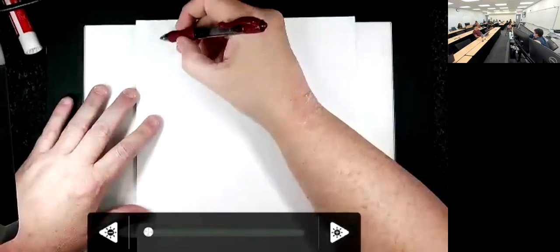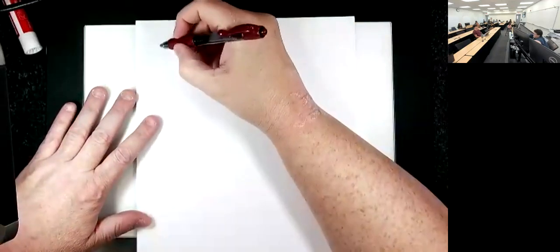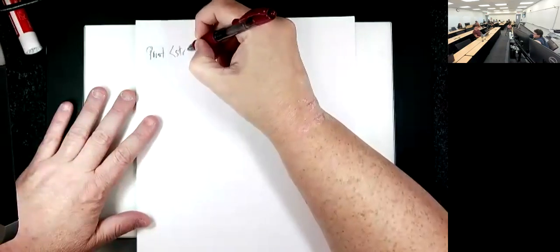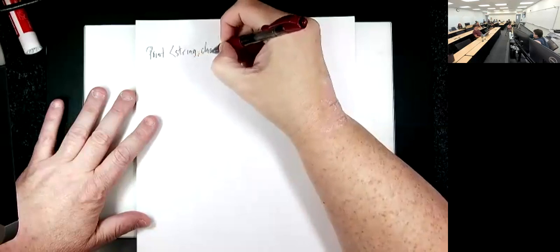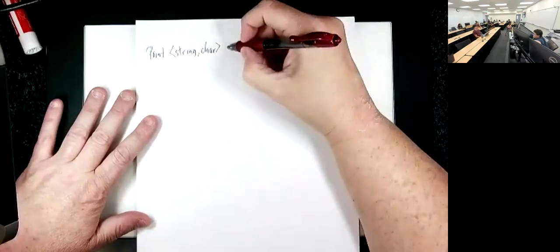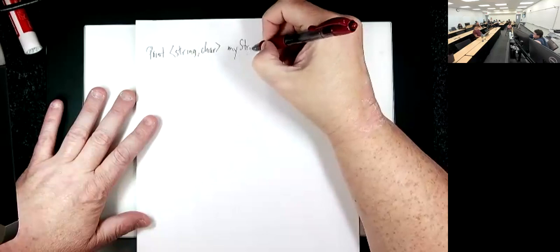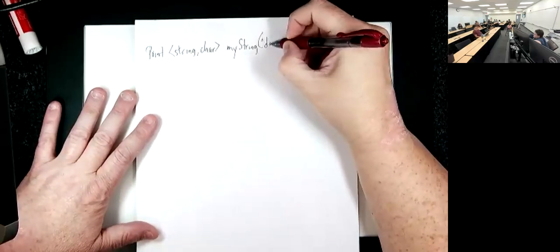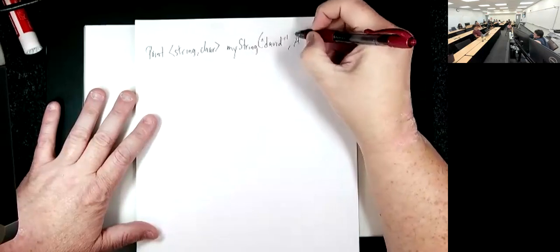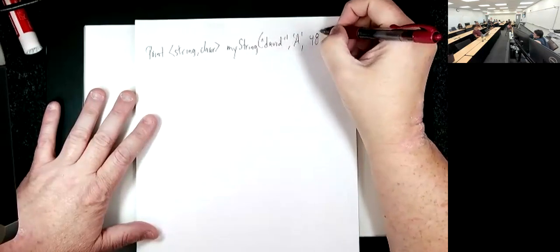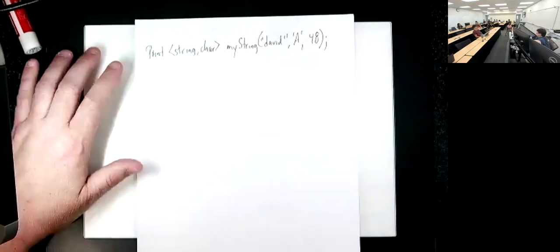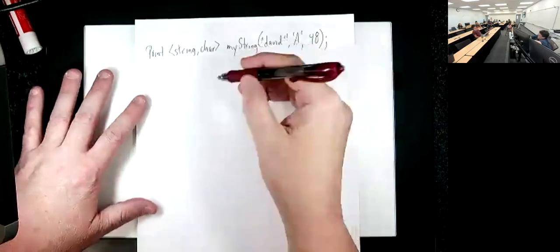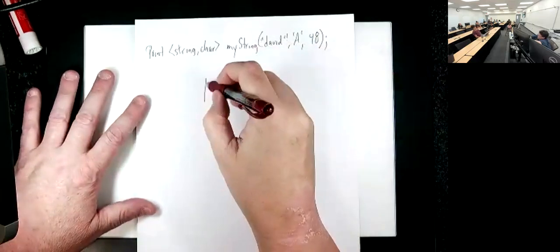Okay. So the first point I made that had a person, I had point, string, char, and this one was my string. And we had David, A, and 48. So at compile time, what it did is it set aside a box for this information.